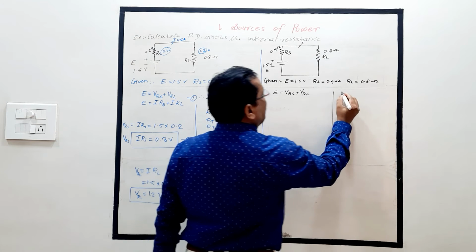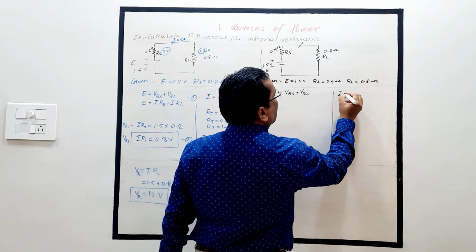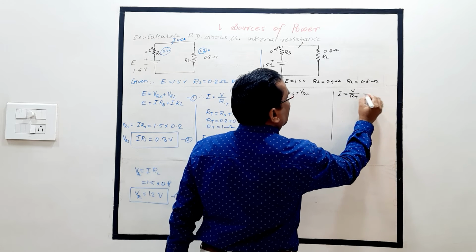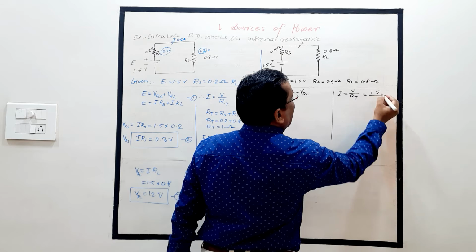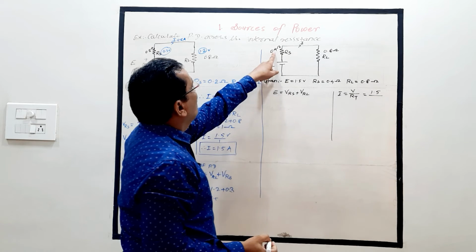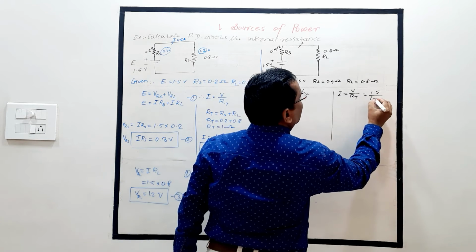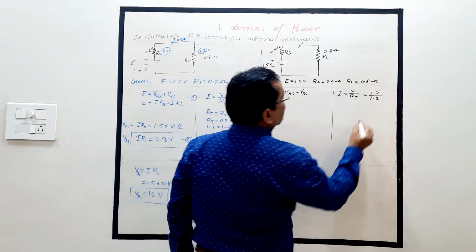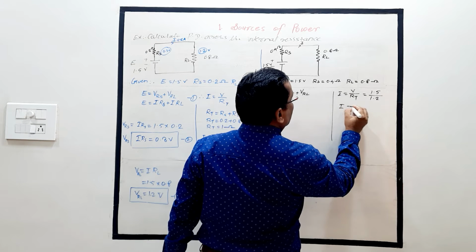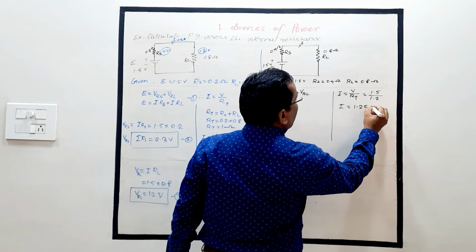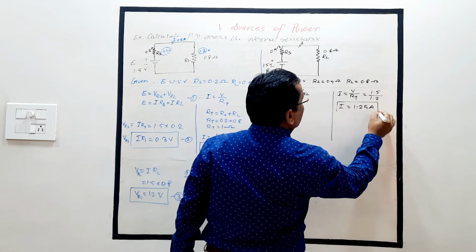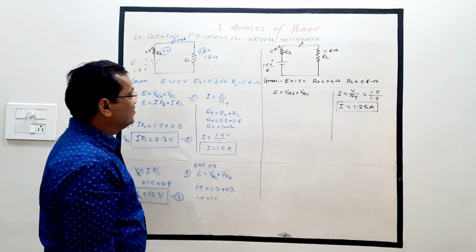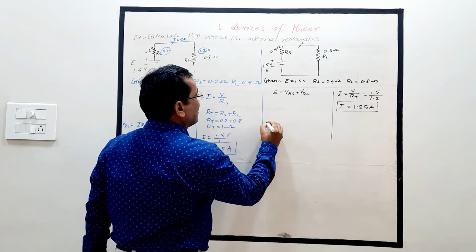Again, find the value of current. I is equal to V upon RT, where V is 1.5 and R total is now 1.2. So I is equal to 1.25 ampere. This is the value of current.